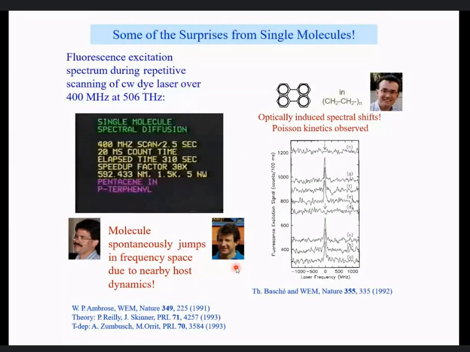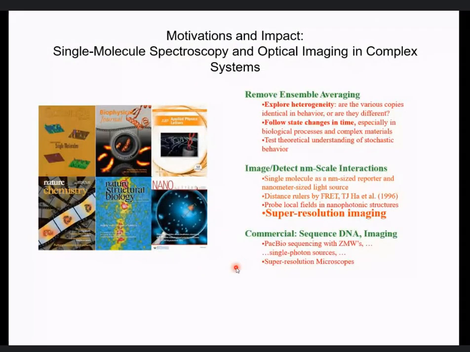So big research is going on in single molecule, single cell as well, as I mentioned. And optical imaging of complex systems, removing ensemble averaging, that's one idea. And imaging to detect nanometer scale interactions, and it is also used in the sequencing of DNA or imaging, biosequencing, single photon sources, super resolution microscopes.